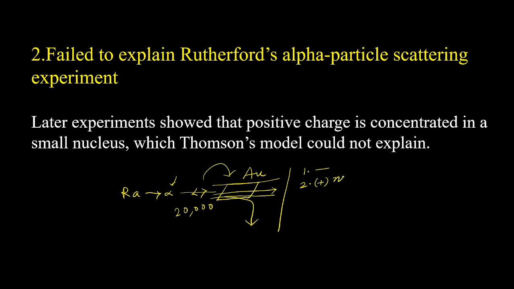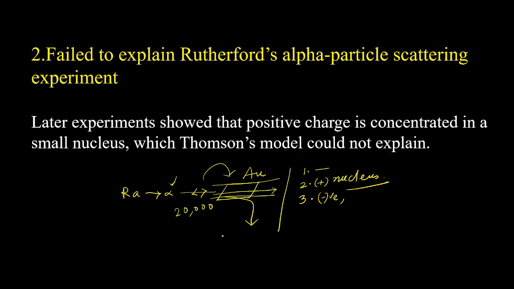That means the concept of the nucleus appeared in Rutherford's atomic model. Third, he explained that the electrons are revolving around the nucleus. That means electrons remain in the electronic region, right?